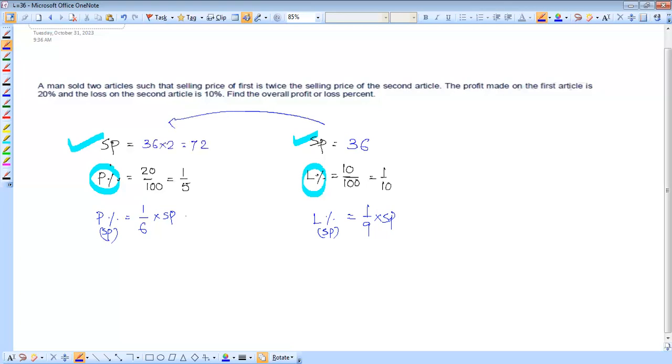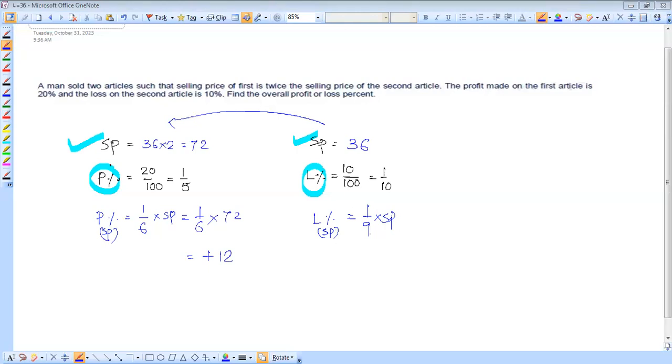So when I am calculating this, I should take 1 by 6 of 72, which makes it 12 rupees profit. Okay.